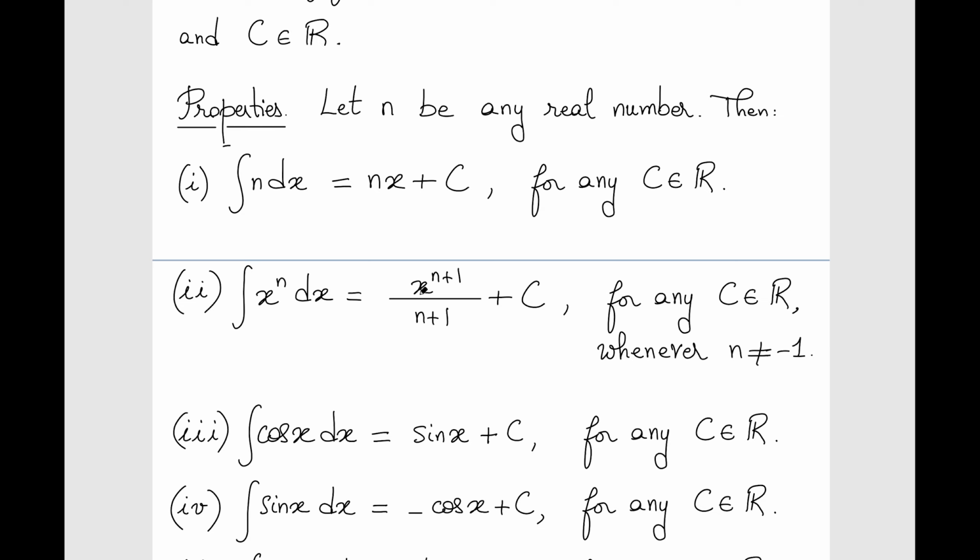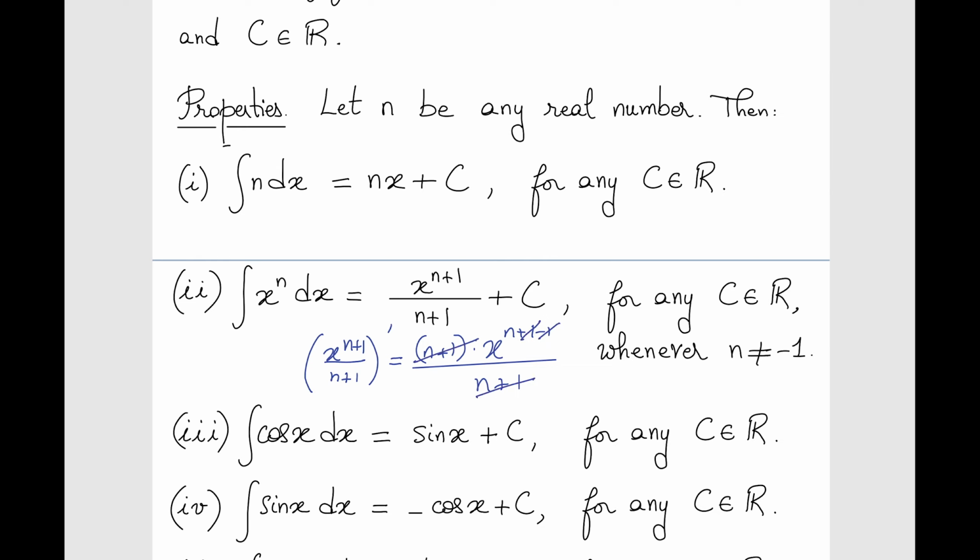If you try to differentiate with respect to x that thing, x^(n+1) over n plus 1, what do you get? You get n plus 1 times x to the power n plus 1 minus 1, correct? Divided by n plus 1. Now, n plus 1 and n plus 1 cancel each other.